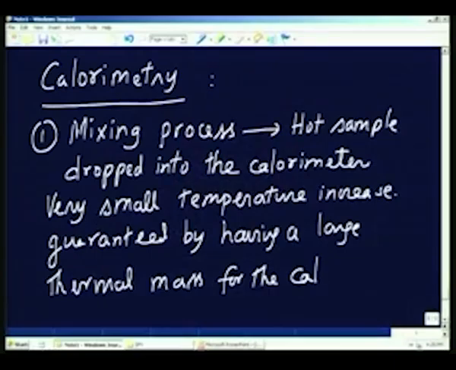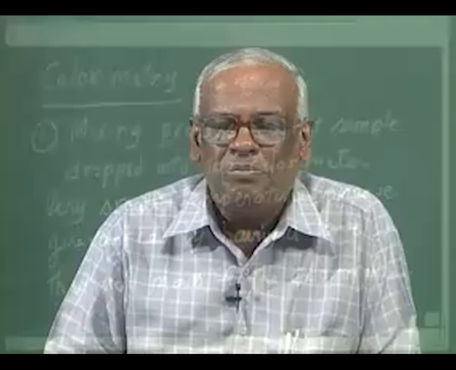If you have a large enough value compared to the thermal mass of the dropped mass, you will have a small temperature rise. We want the temperature rise to be small, so that the losses will also be small.